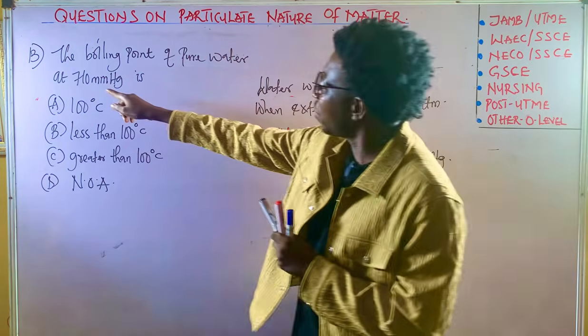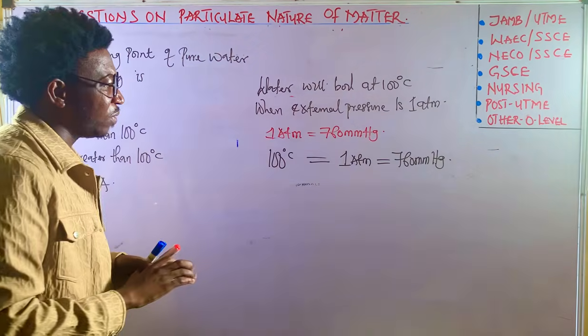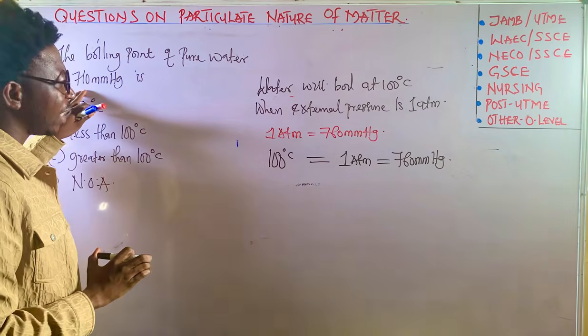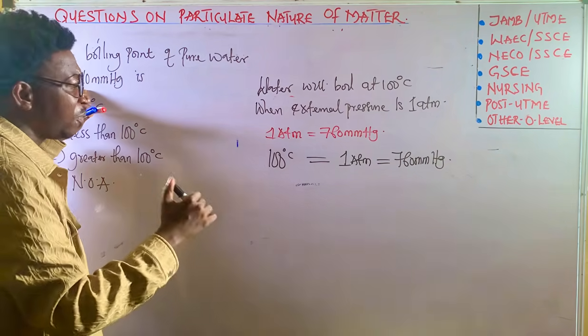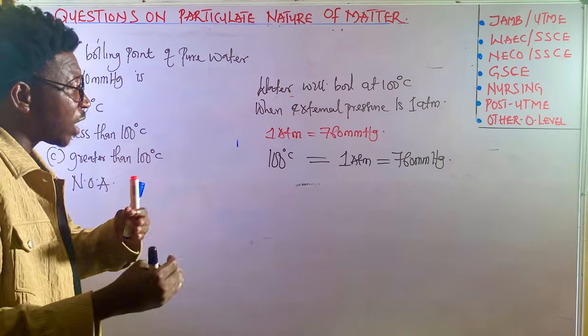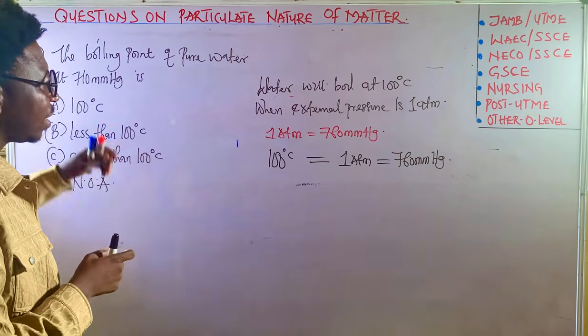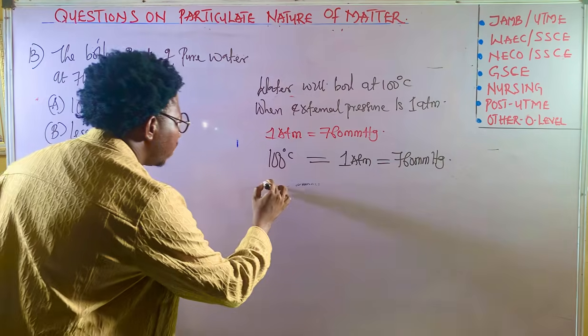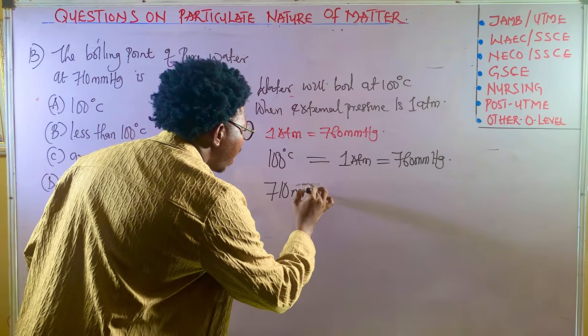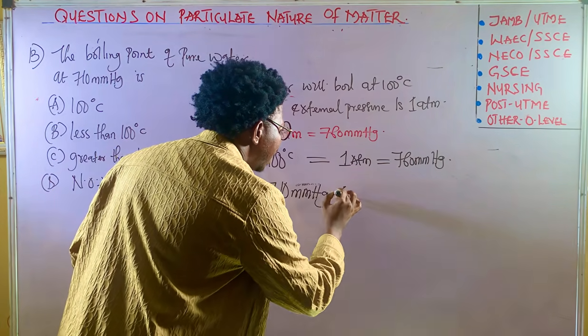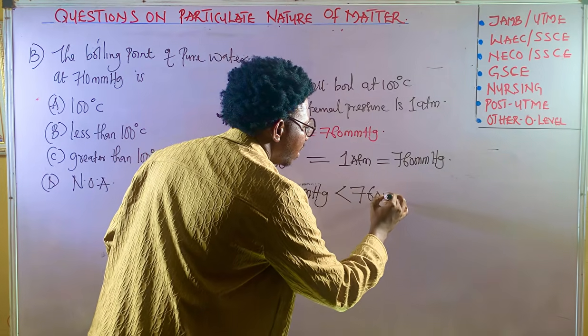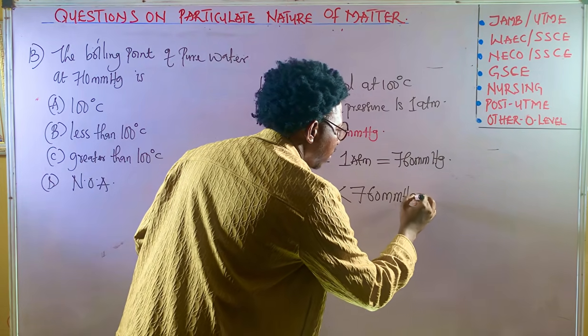But if you check, the pressure given to us is not equal to 760. It is less than 760. If it is greater than 760, water will boil above 100 degrees Celsius. However, it is less than 760. 710 millimeter of mercury is less than 760 millimeter of mercury, right?